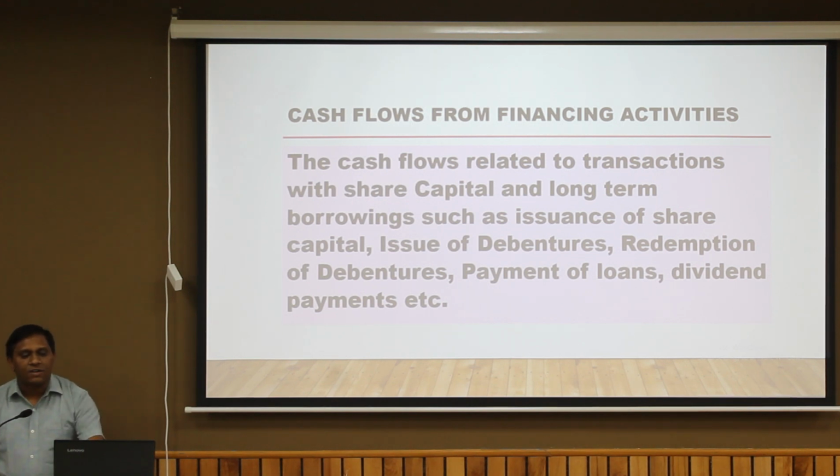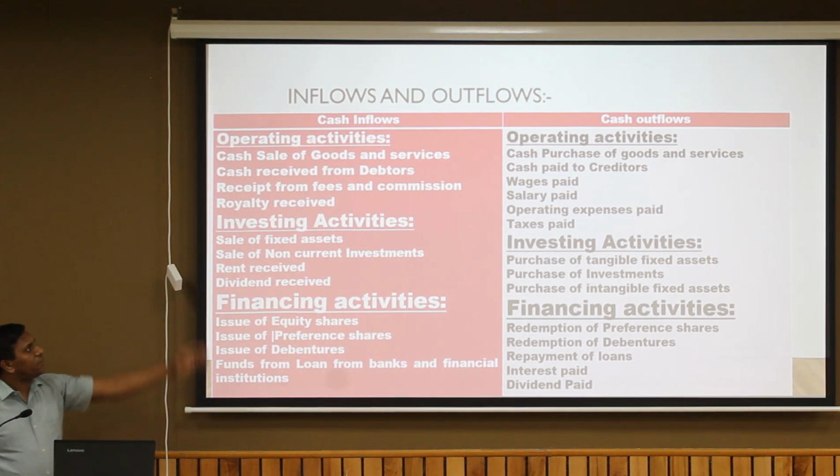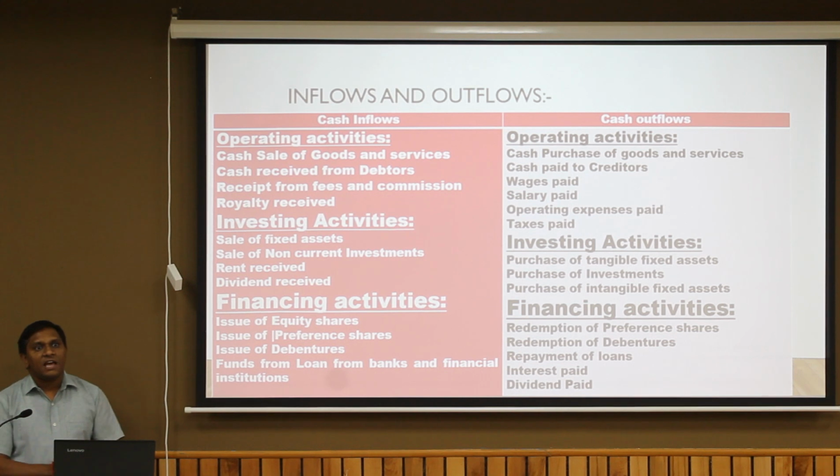I have made a chart for you for the better understanding of cash flow, inflows and outflows. See, three kinds of activities you can see: operating activities, investing activities and then financing activities. All the activities are indicating both inflows as well as outflows. When we are talking about operating activities, we have already discussed principal revenue generating activities.